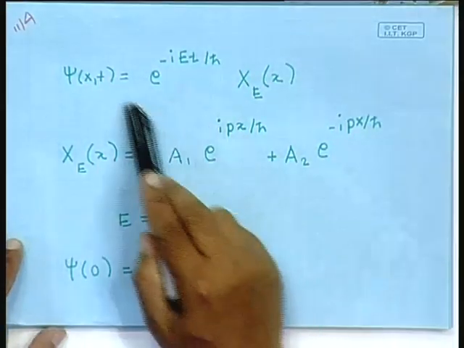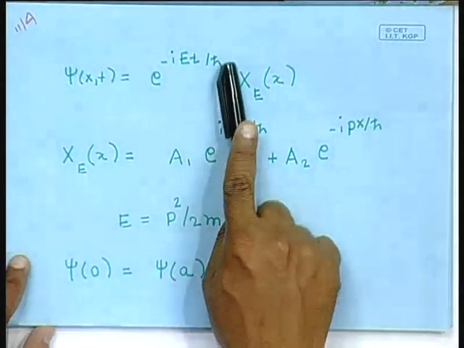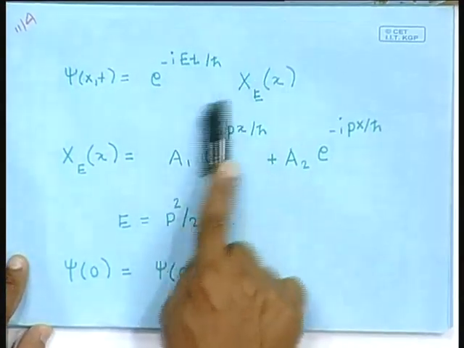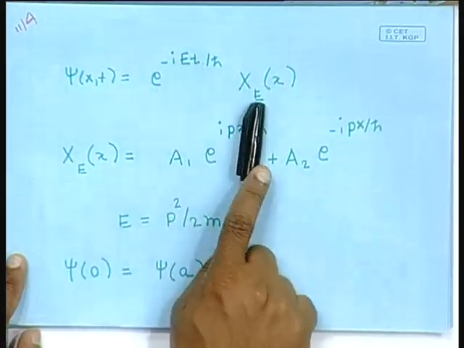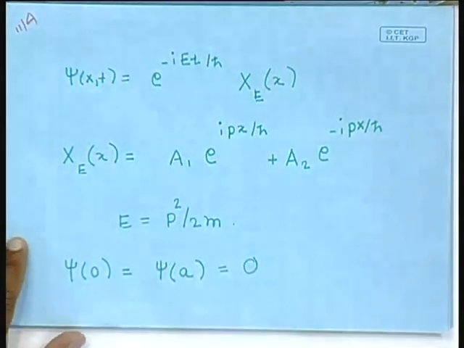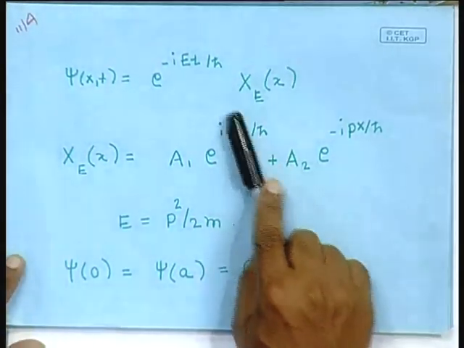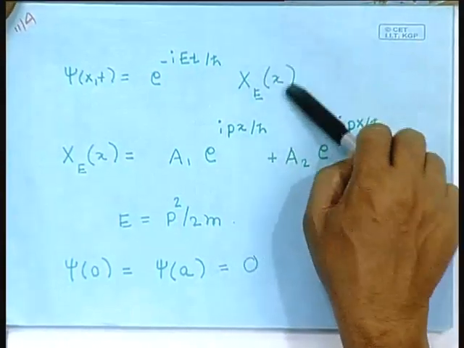So the time dependent part is fixed, and for any static potential you will have a time dependent part like this, and one can now superpose such different solutions with different values of E to get a general solution. We are looking at a particular value of the energy, and the spatial part has to now be worked out.